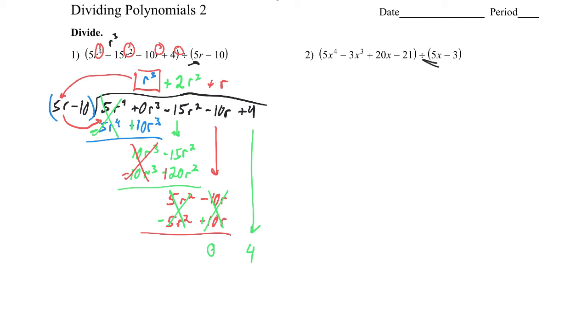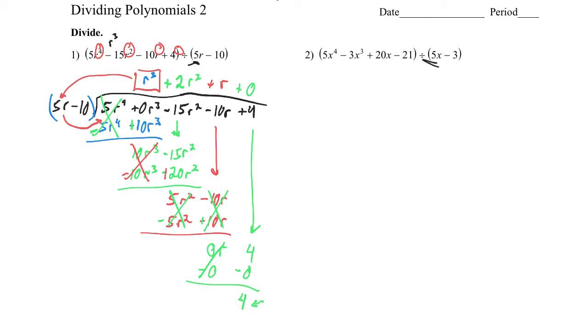So here I have a 0r, right? So what times 5r is 0r? Well, I could put a 0 up there, and then I could keep going. So 0 times 5r is going to be 0. 0 times negative 10 is going to be 0. Change my signs. So those cancel, just giving me 0. 4 minus 0 is 4.